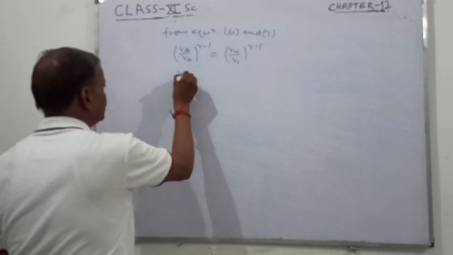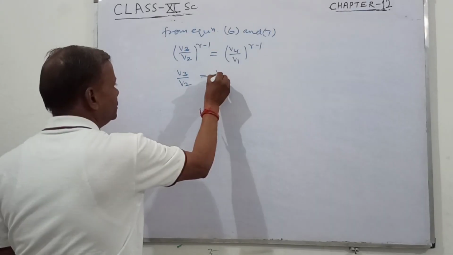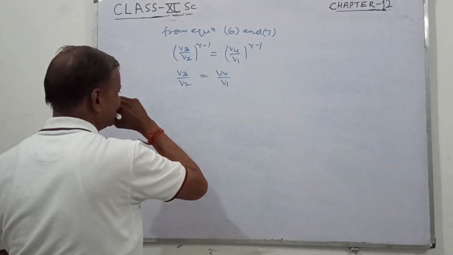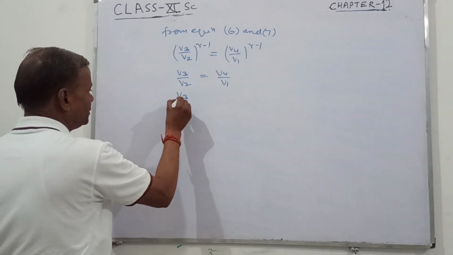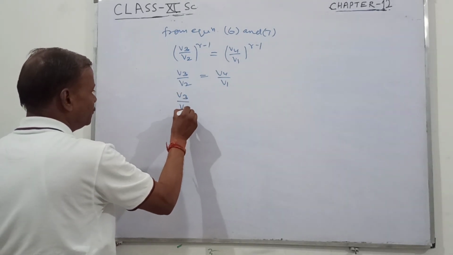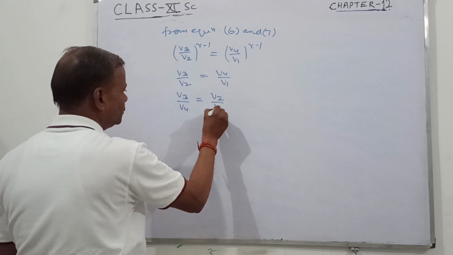So we say that V3 upon V2 is equal to V4 upon V1, or V3 upon V4 equal to V2 upon V1.